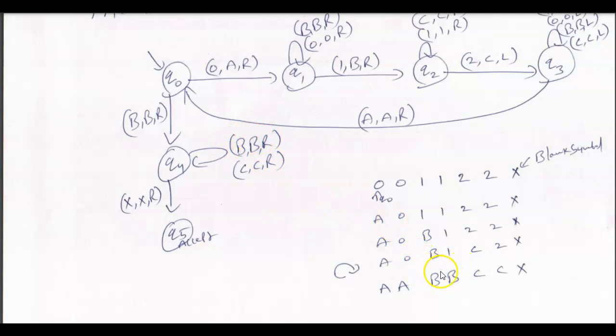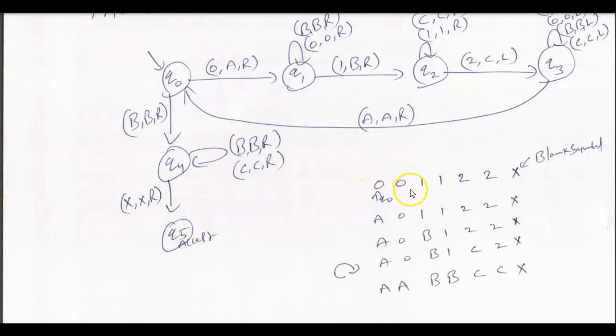After skipping the B's, there should be a C, and after skipping the C's, there should be a blank symbol. If this sequence is followed, then that string is accepted. You got my point?